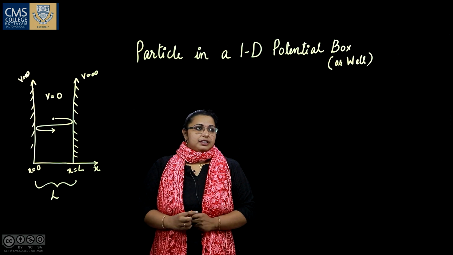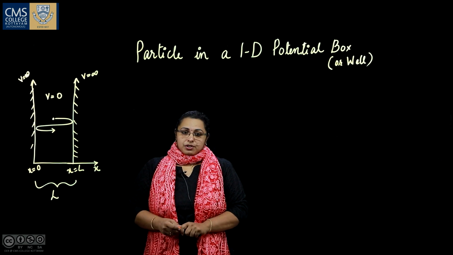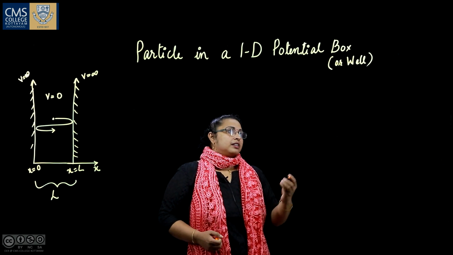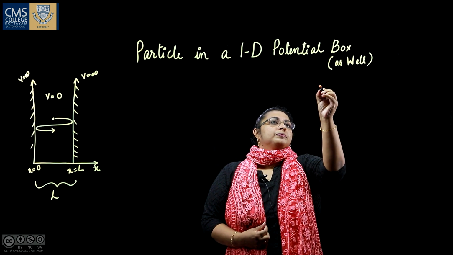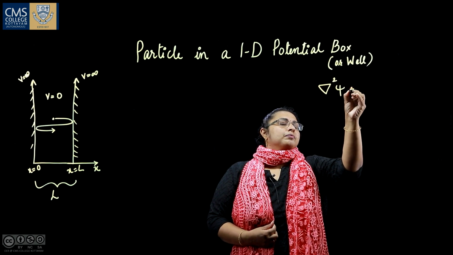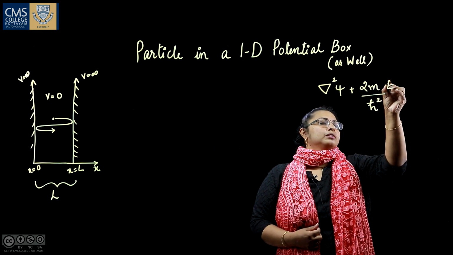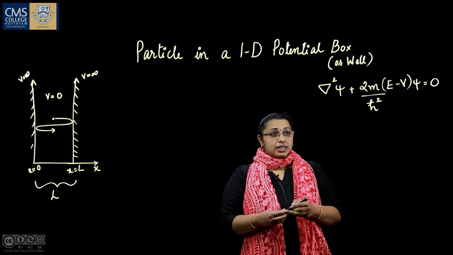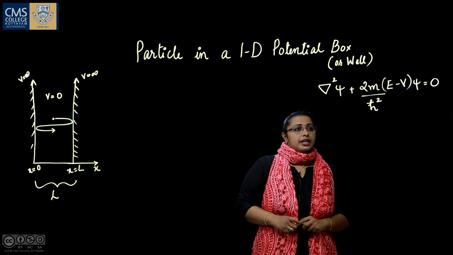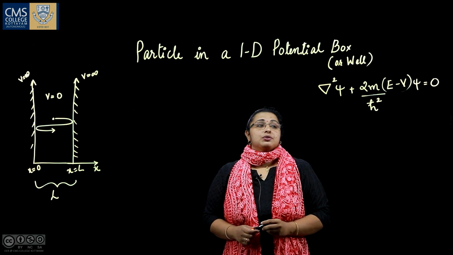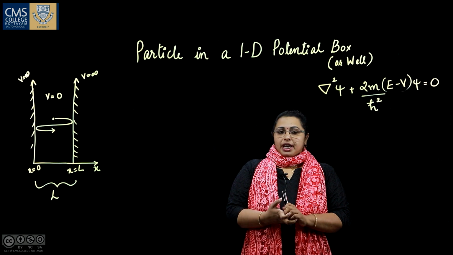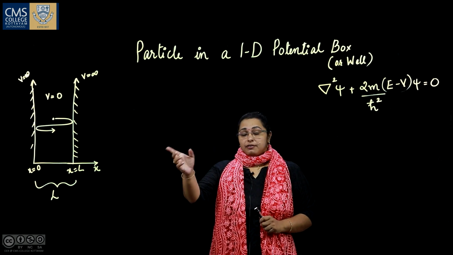So, let me start with the three-dimensional Schrodinger equation, which you have already learnt. Del square psi plus 2m by h cross square (E minus V) psi is equal to 0. This equation we have to modify according to our system.